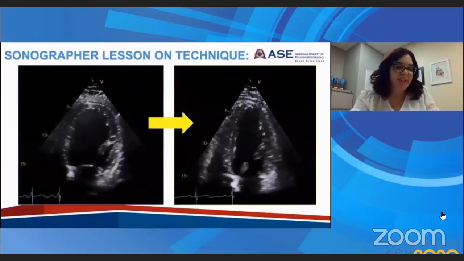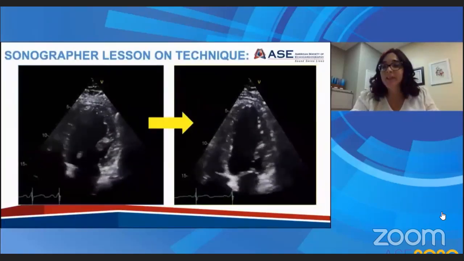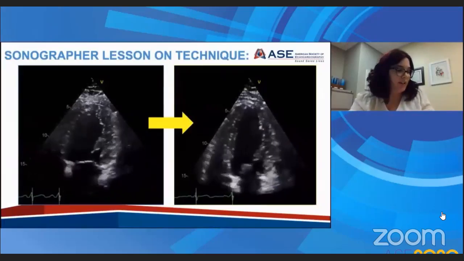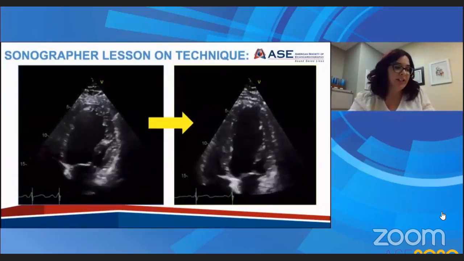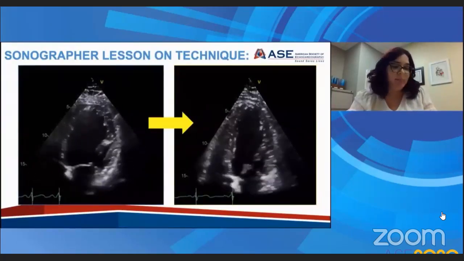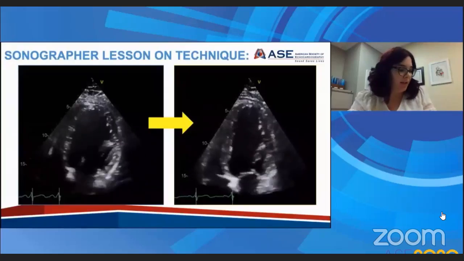Now, anyone who has been able to scan knows that all investigations during an echo are only as good as the technique. And it's always so important to remind sonographers that careful, diligent scanning can be crucial to a patient's care path. This example is actually the same heart during the same echo in the same time period.